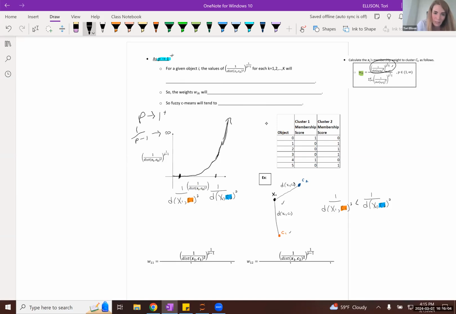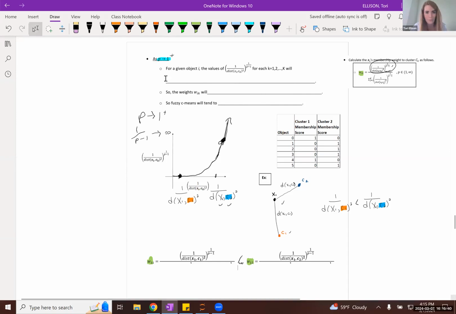Okay, so that would give me a numerator value for cluster 1 and x1 to be here, and a numerator WIK value for observation 1 and cluster 2 to be here. So in this case, the numerator of my W11 and my W12 values would be dramatically different from each other. So the numerator for W12 would be a lot larger.